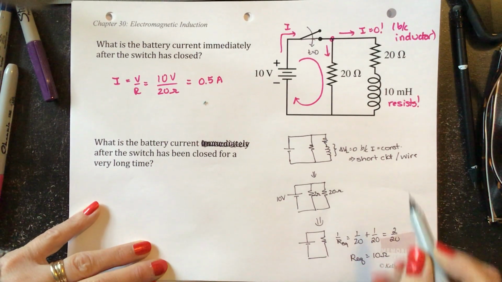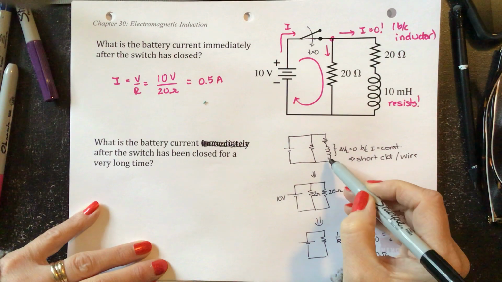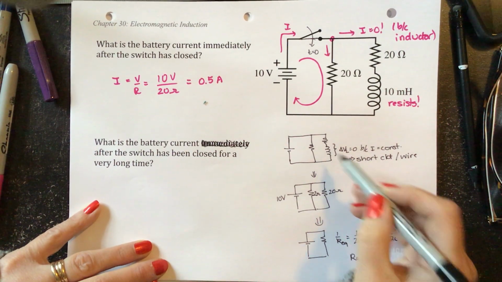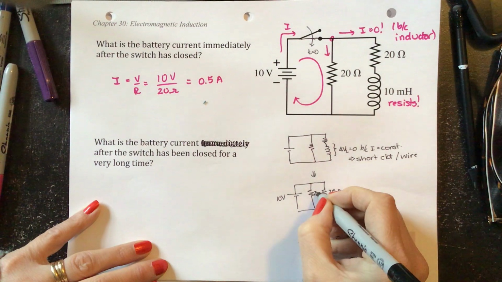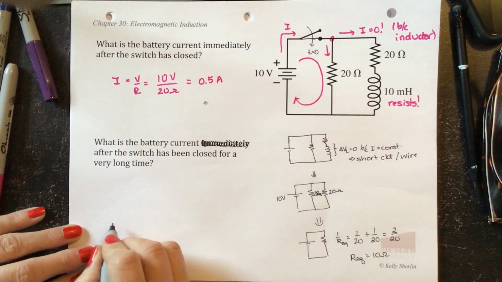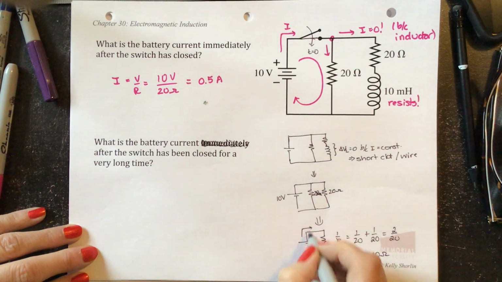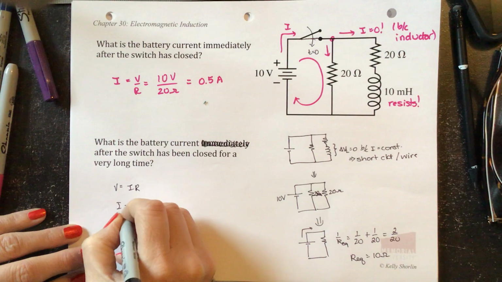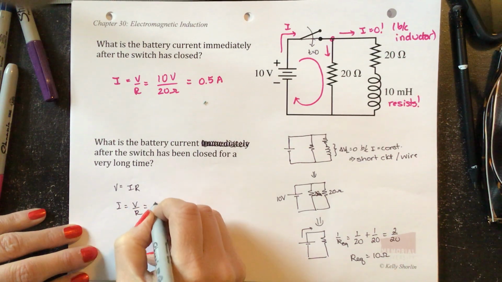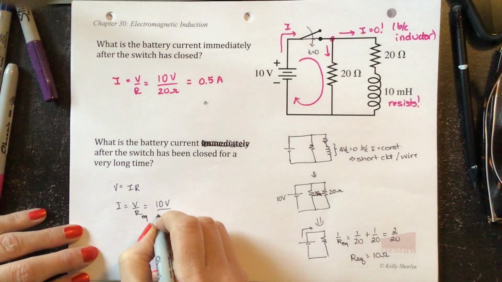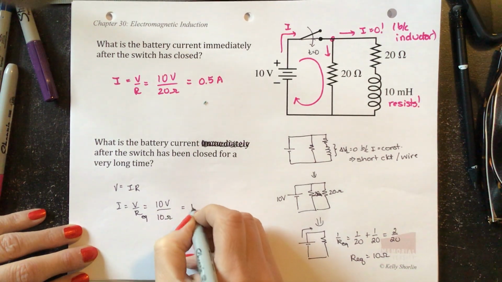So after a very long time, the current can flow easily through here because there's no potential drop and the current is constant, and our circuit simplifies to these two resistors in parallel. So then the current that goes around this circuit, V equals IR, I equals V over R, 10 volts, and this is our equivalent resistance, of course, 10 volts over 10 ohms equals 1 amp.